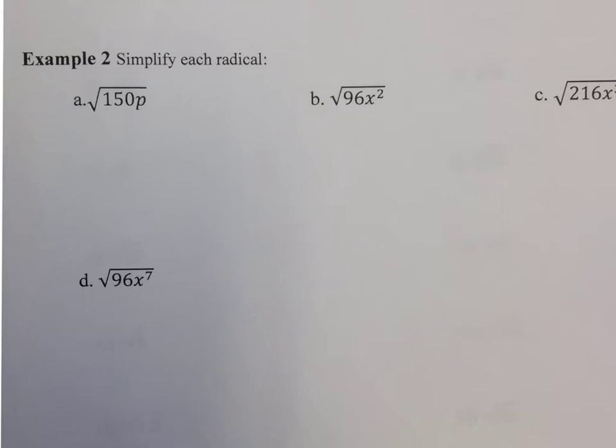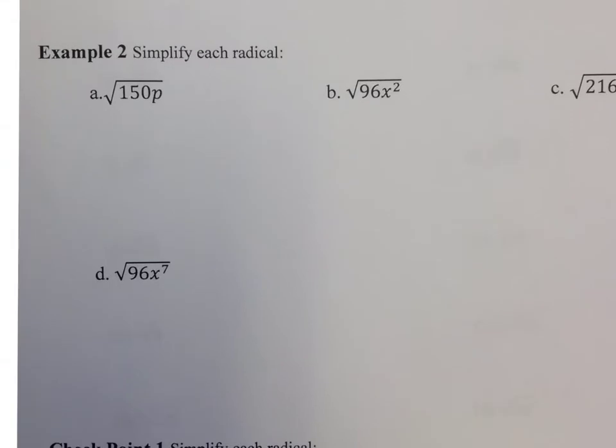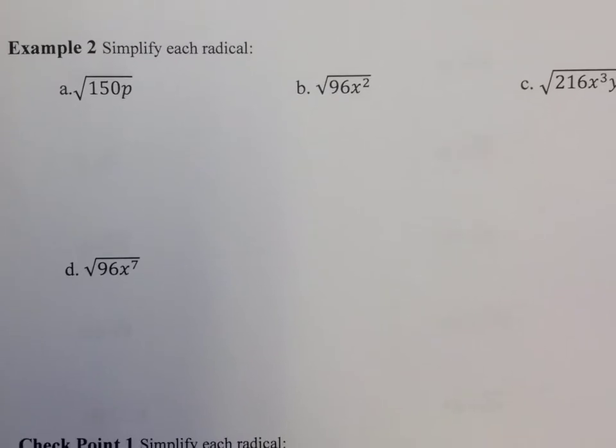So let's just take 150 right now. I know that 25 goes into it. That's probably the biggest one. Square root of 25, and it goes in 6 times. So square root of 25 times the square root of 6, and we got a square root of p left over here. So we're going to split this up into 25 times 6 times p.